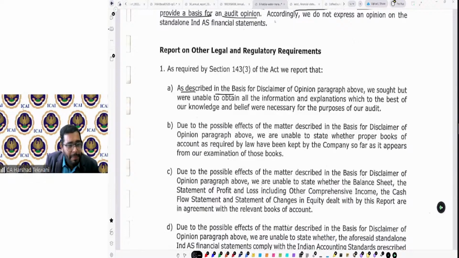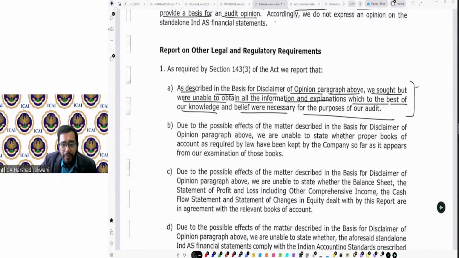As described in the basis for disclaimer of opinion paragraph above, we sought but were unable to obtain all the information and explanation which, to the best of our knowledge and belief, were necessary for the purpose of audit. So this changes with the opinion.